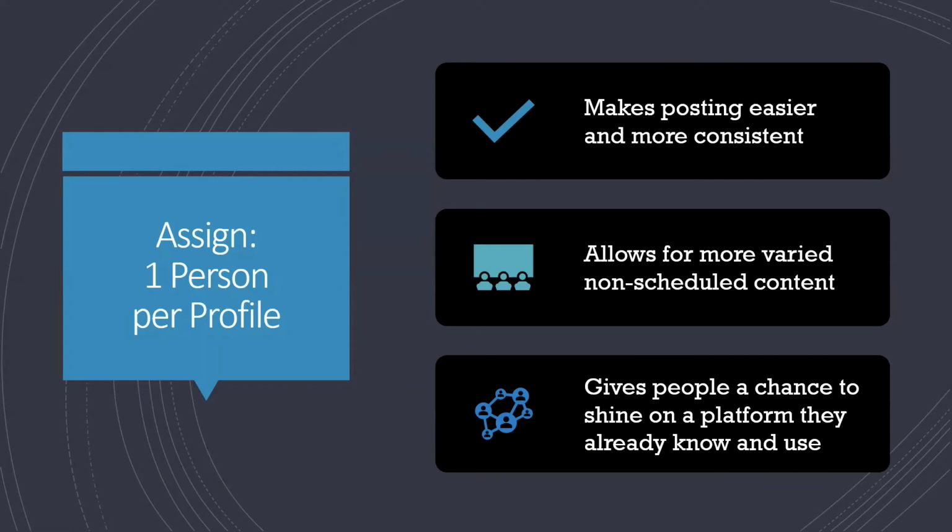Obviously, you need to have people who get the final say and everything. You need to have an approval system. But not only does this help spread the workload and allow for variety, it really allows a lot of people to cultivate a presence for your library on social media that is very unique. So really, you can't go wrong here.